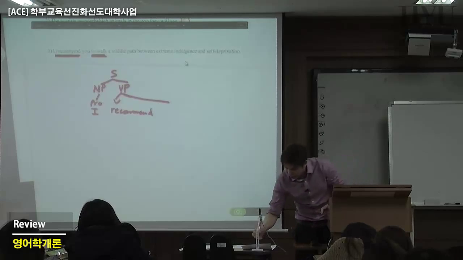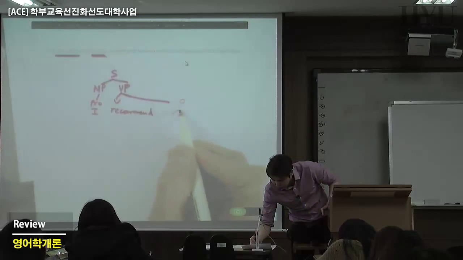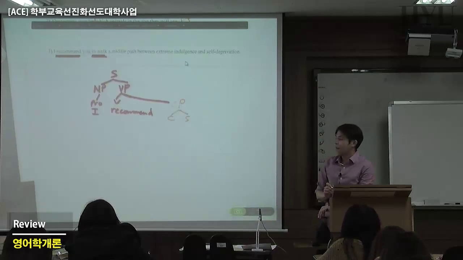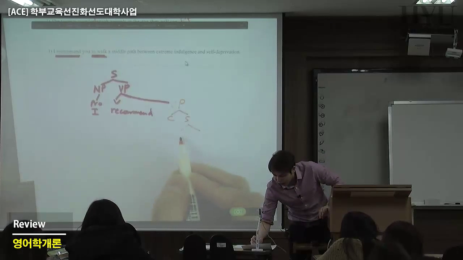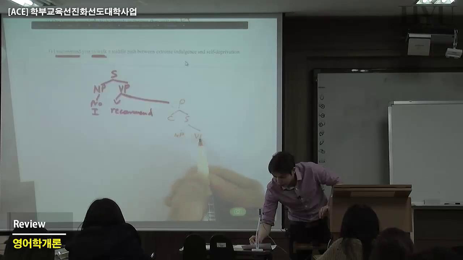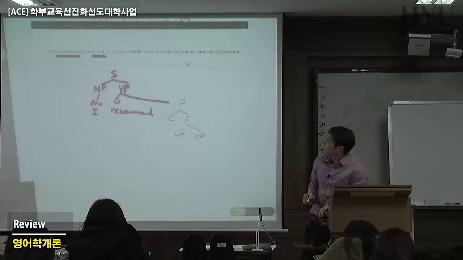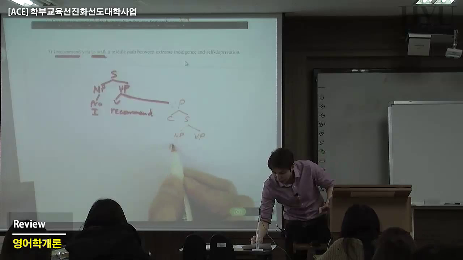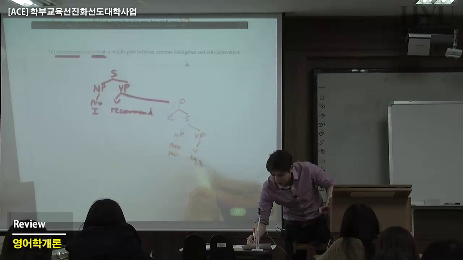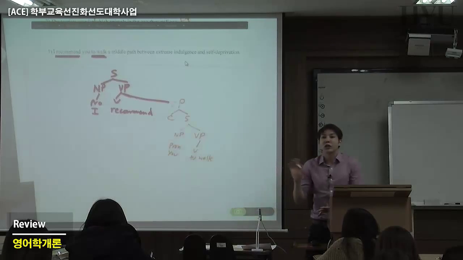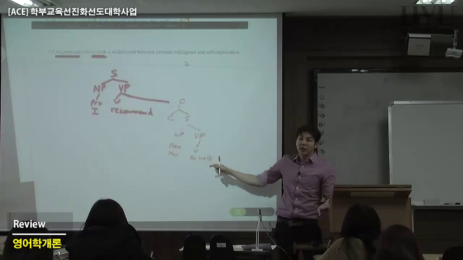Let me use another color. So CP, C and S, okay? So S would have NP and VP the same way, and then you would be here, pronoun you. And then to walk is the verb of that clause, which has no tense, okay, because it's an infinitive.